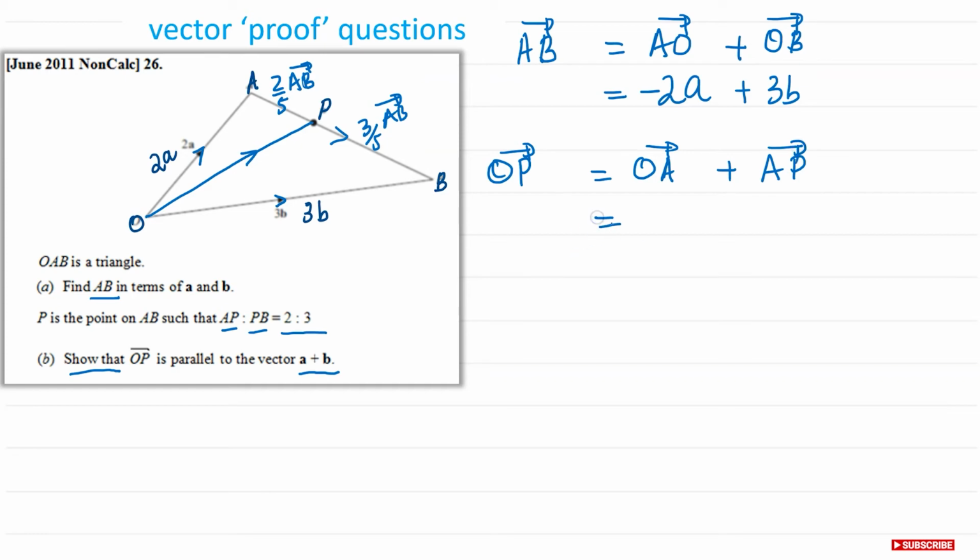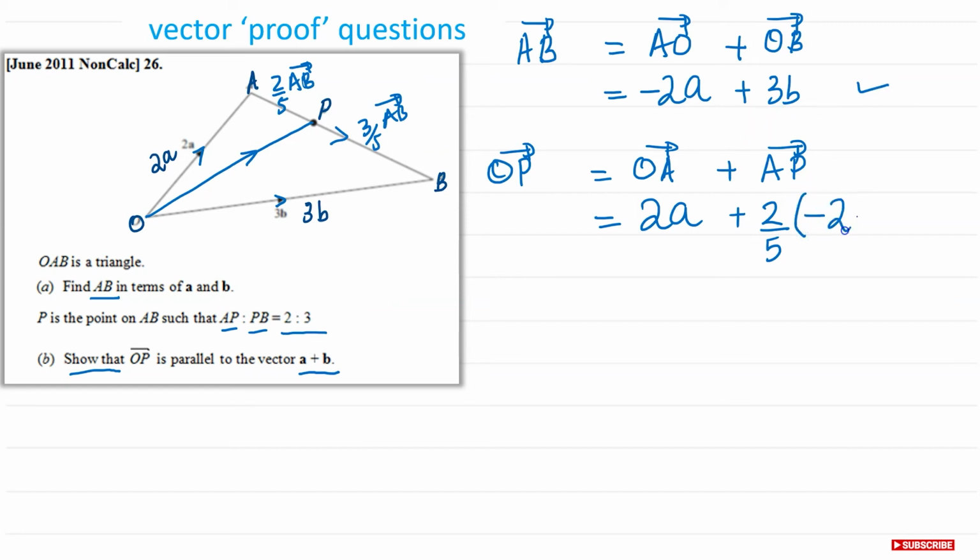So if I do that, then OA is going to be 2A because I'm going in the same direction as my vector. And then AP, remember AB is going in this direction, so I don't need to change the sign. I'm just going to take 2/5 of AB. Now guys, AB is over here, so minus 2A plus 3B.